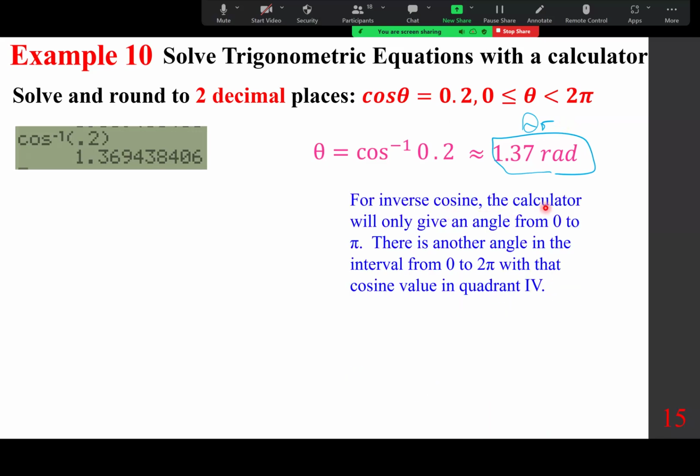For inverse cosine, the calculator will only give you an angle from 0 to pi. There's another angle in the interval from 0 to 2 pi with that cosine value in quadrant 4. Why do we say quadrant 4? Because this thing, 0.2, is positive, everybody. That's the reason. Quadrant 4, because it's positive.